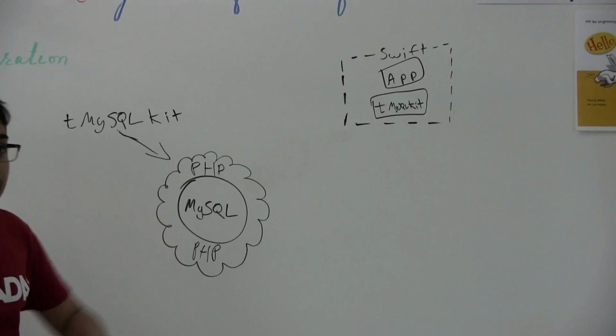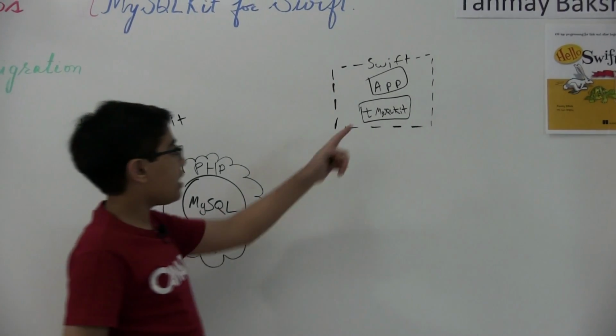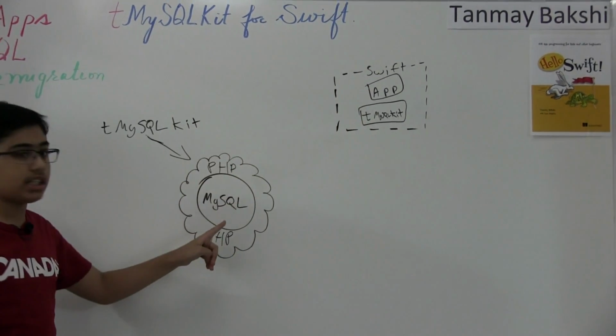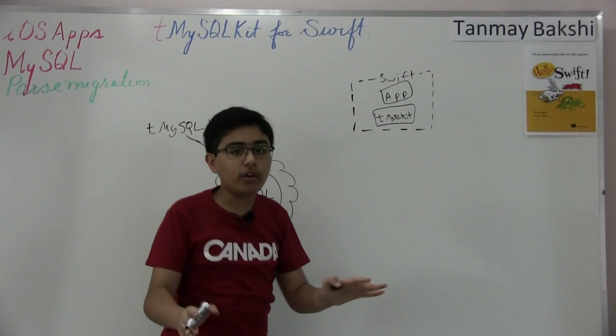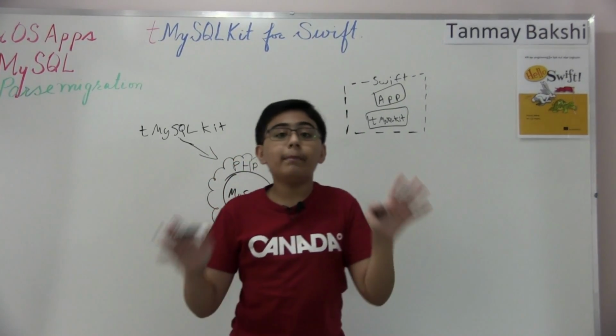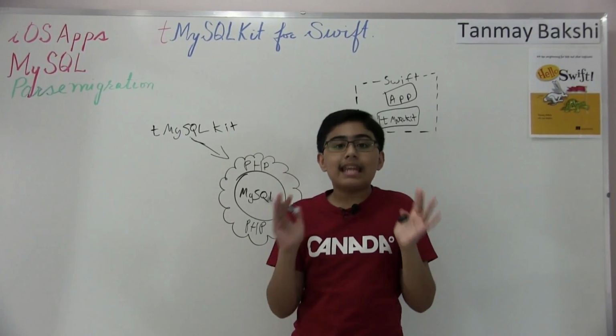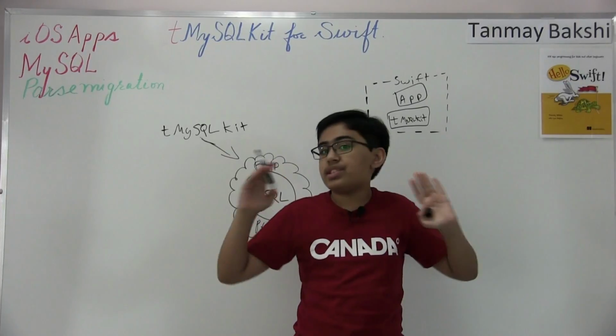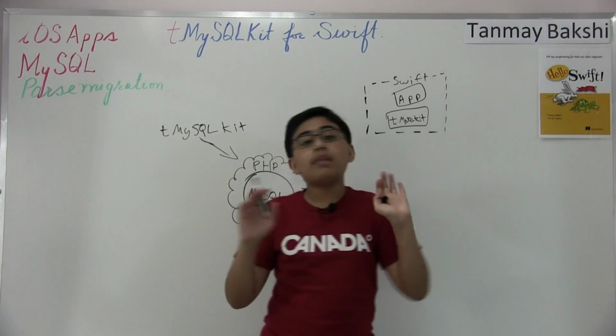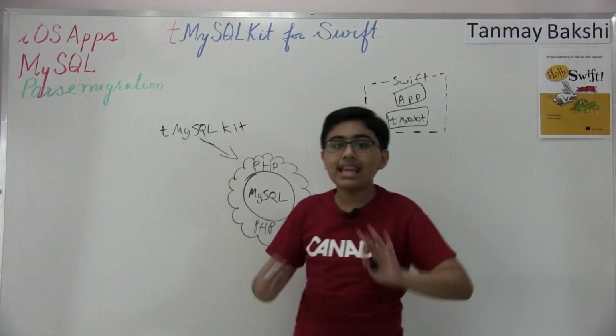Now the thing is, your application, instead of communicating directly with MySQL, you're going to communicate with tMySQLKit. However, you will feel right at home because tMySQLKit runs, essentially you could call it natively. It allows you to use the same MySQL syntax, the same MySQL queries, everything.